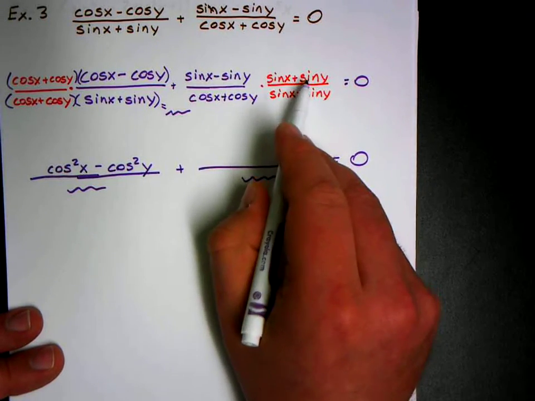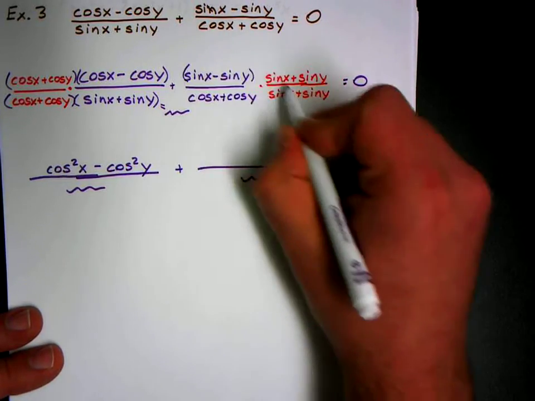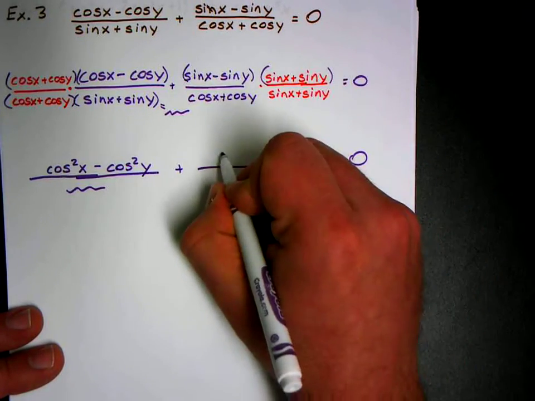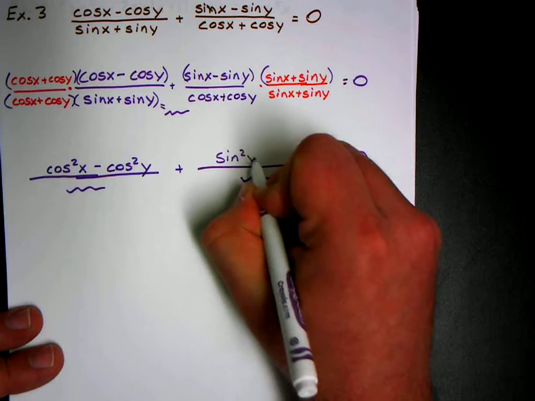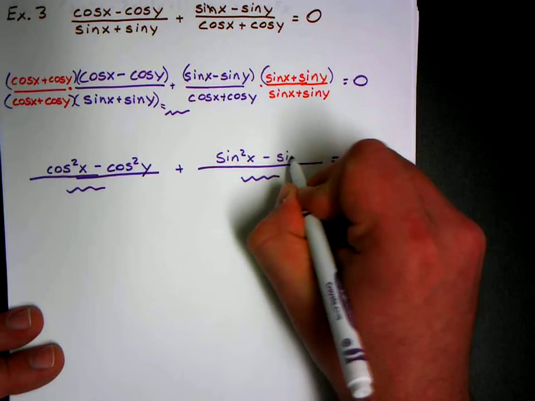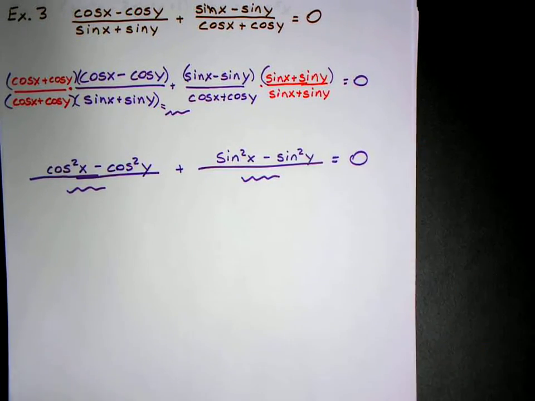So this is also difference of squares over here. That'd be like saying that every time you have Pythagorean, you have to prove the Pythagorean again.